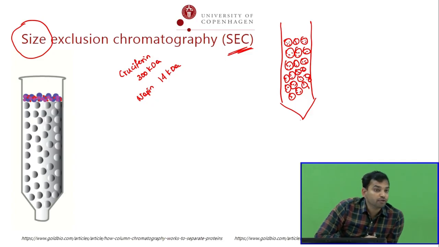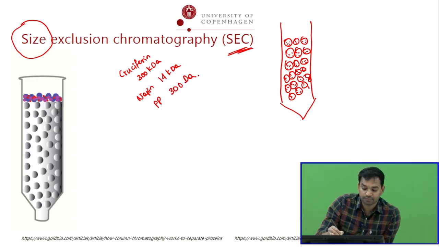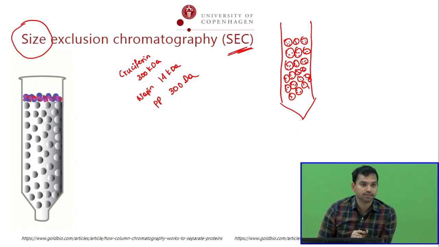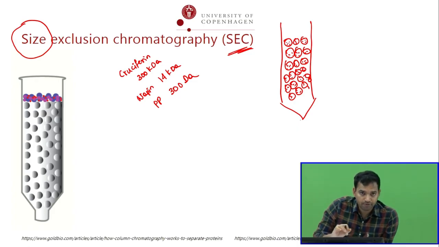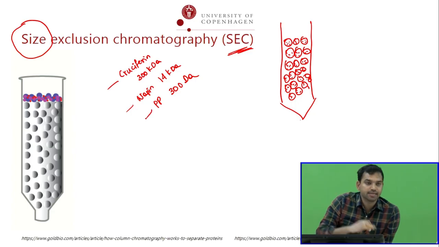And it has a lot of polyphenols, having a molecular weight of, let's say, 300 Dalton. Can you recognize the difference in size here? The molecular weights are different, right? Now I want to separate these three separately.